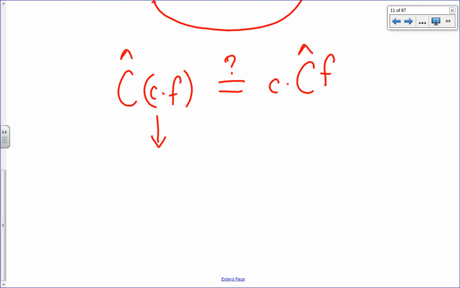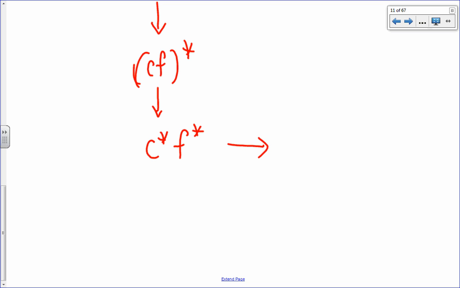This is going to be equal to (c f) star, and every expression in there, you just star it. To make it more step by step, this is (c f) star, which is just c star f star. But what is f star? That's c star times C hat f.